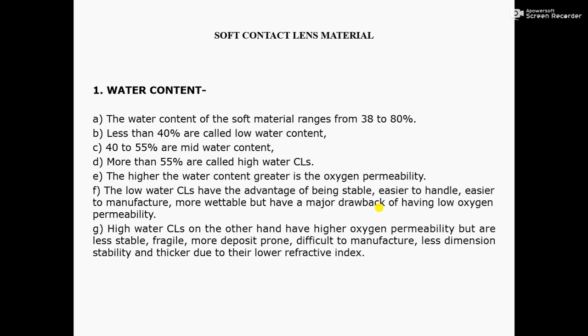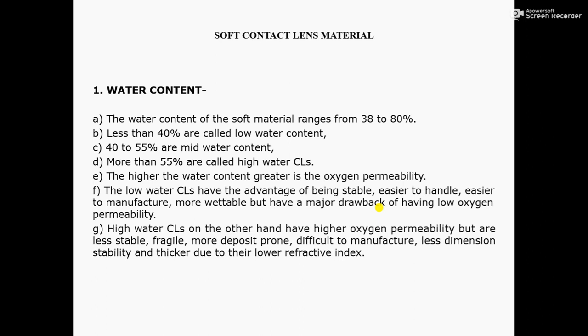Oxygen permeability is the value for the diffusivity, that is D, of the oxygen going through the lens times solubility, that is K. Therefore, the oxygen permeability is determined by the material of the lens and has nothing to do with its shape or curve design.